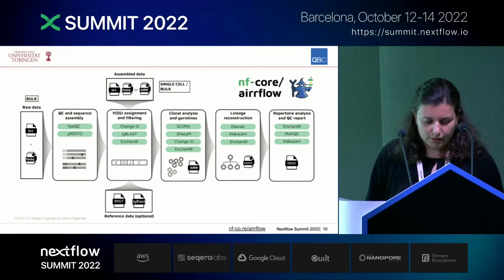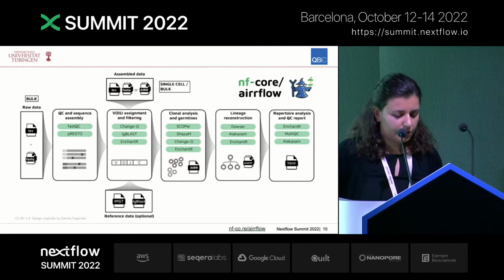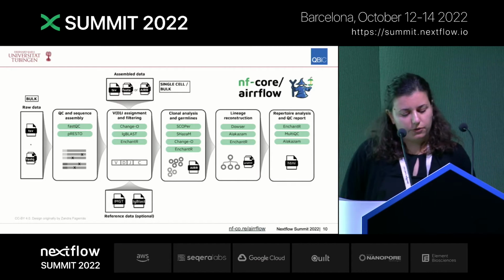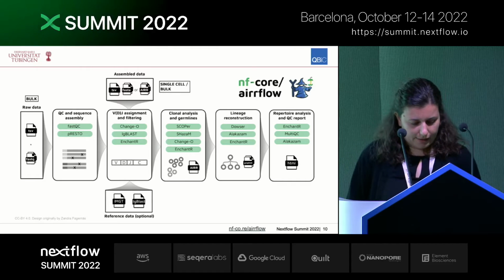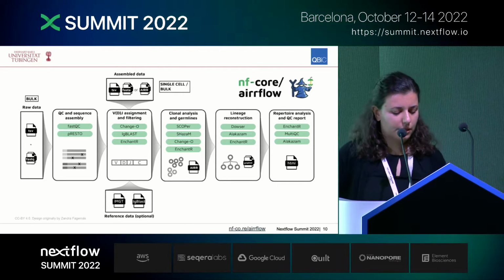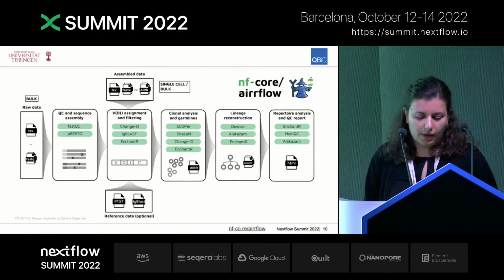So in a nutshell, what the pipeline does, it's able to process the AIR-seq data from start to end, both bulk and single-cell sequencing data. From the FASTQ files, it generates read assembly and quality control, correcting also the sequencing errors introduced during PCR and sequencing.